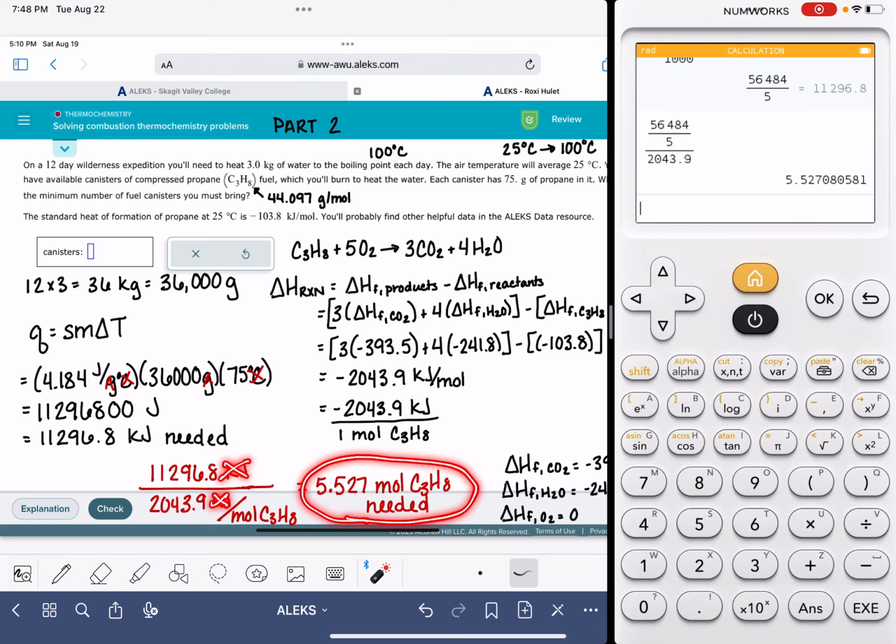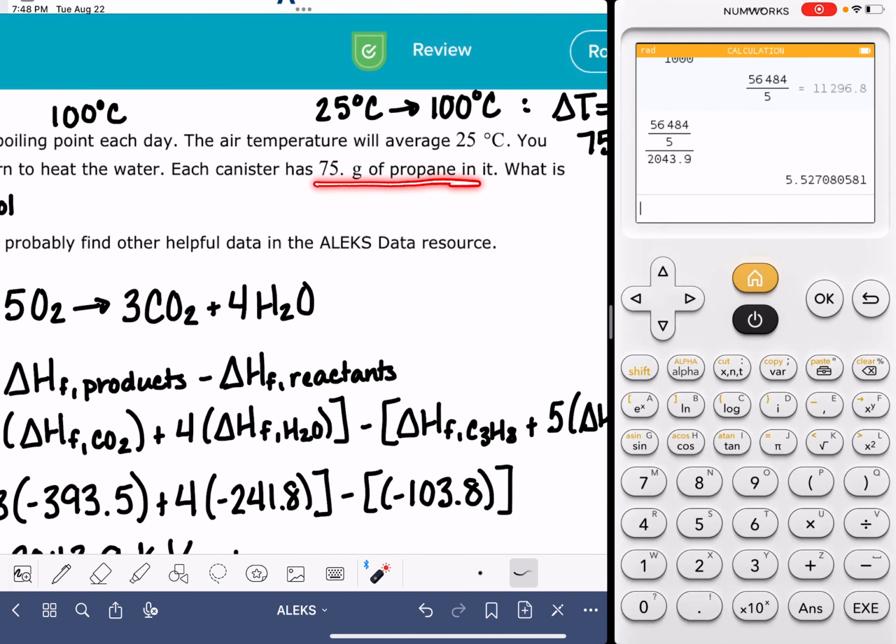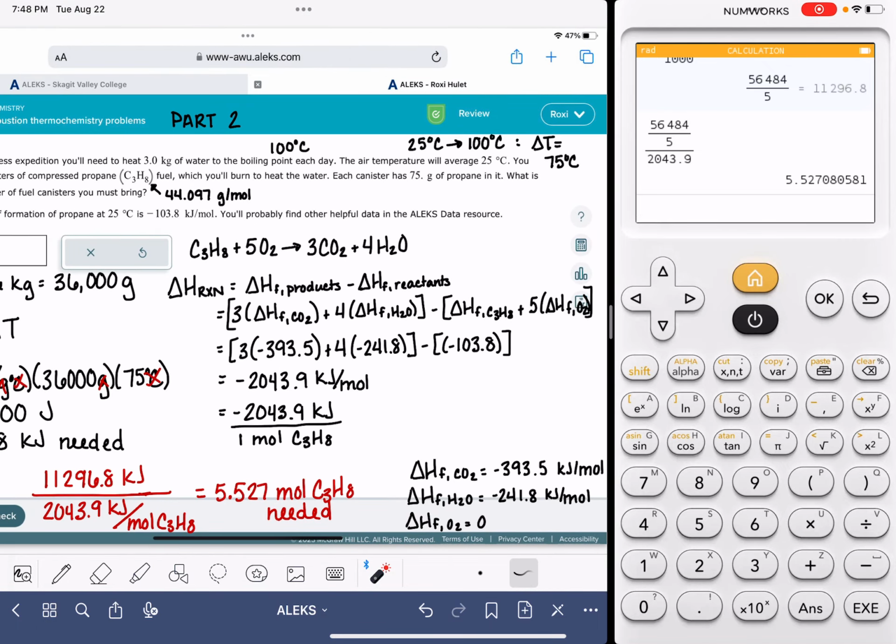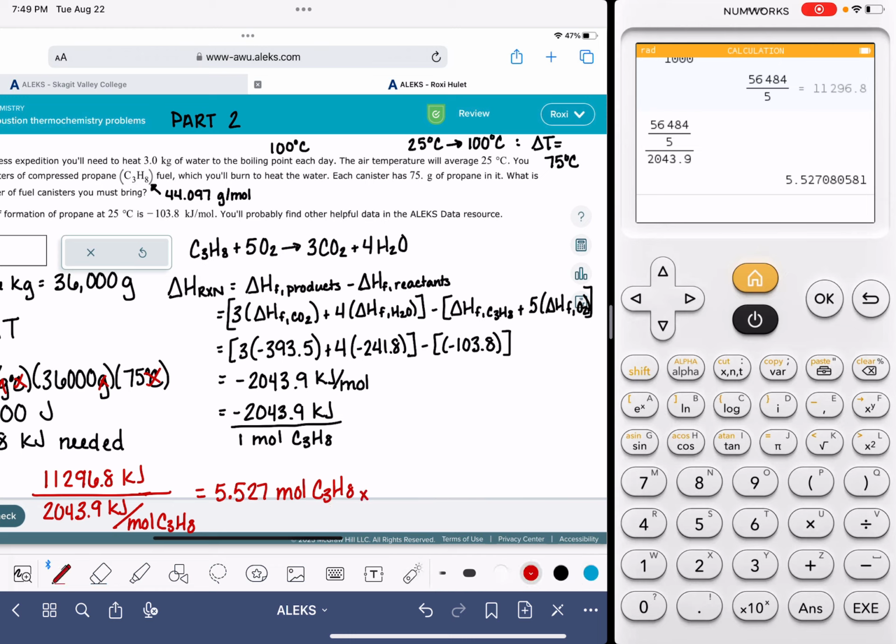Now the problem is asking me to express the answer in terms of canisters, and in here somewhere it tells me the capacity of the canister in terms of grams. So what I want to do is take this moles of C3H8, and I'm going to convert that into grams of C3H8 using the molecular weight of C3H8, which I looked up before I started solving the problem. 1 mole is 44.097 grams.